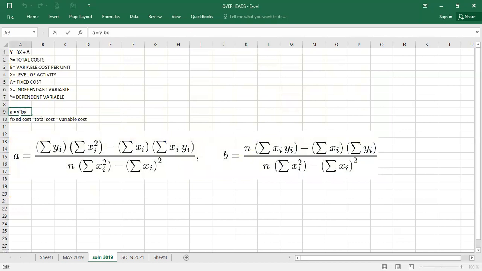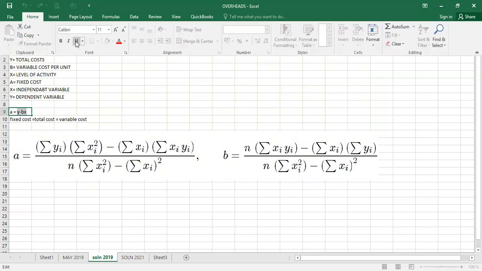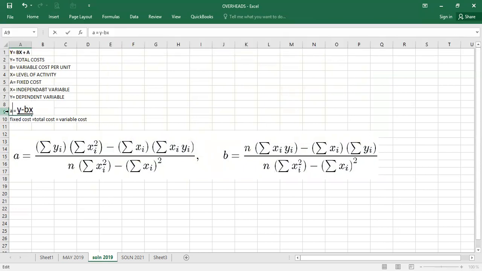Since we want the average, we shall say that all over, that is over, let me try to increase the font size here so you'll be able to see it well.